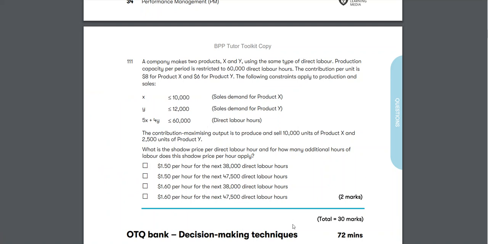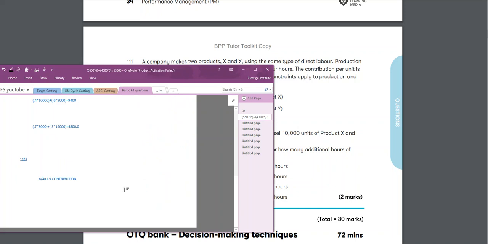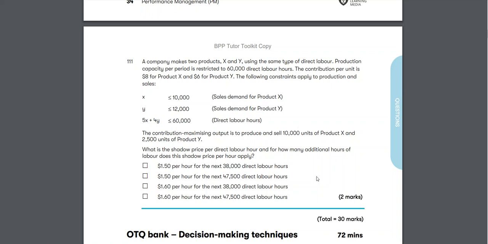Our current is 2,500, the current optimal point, and the maximum it can go is up to 12,000. So 9,500 units. 9,500 units would require how many hours? Multiplied by hours per unit is 38,000 hours. It would go up to 38,000 hours, because after that the limit would be exceeded and there will be no benefit in doing extra.